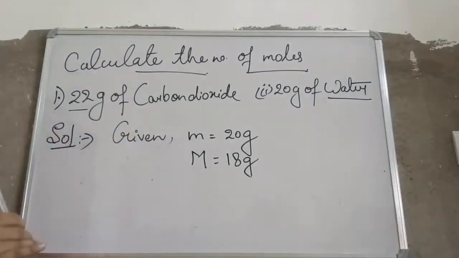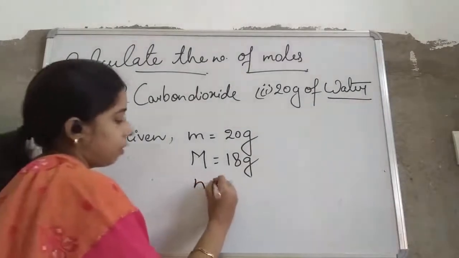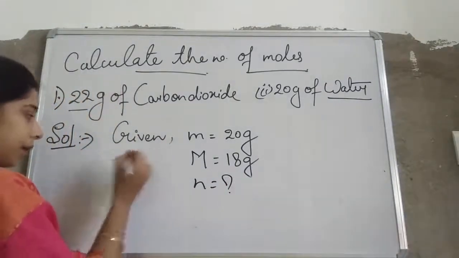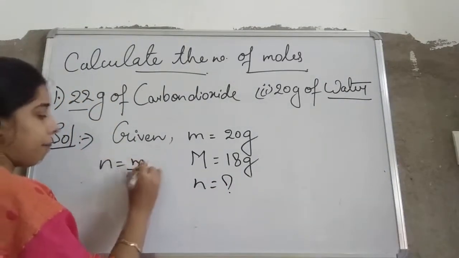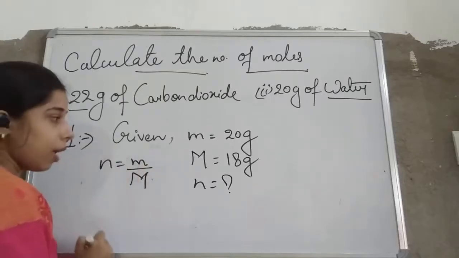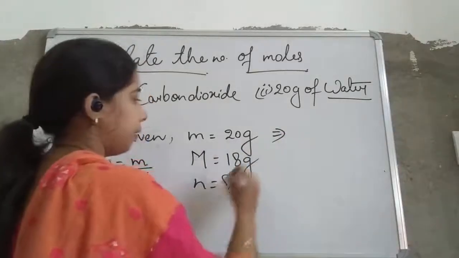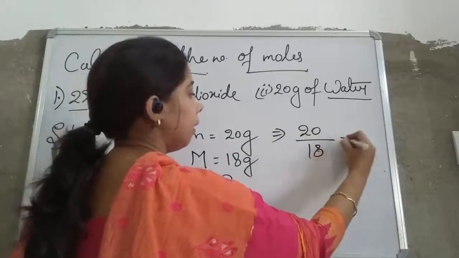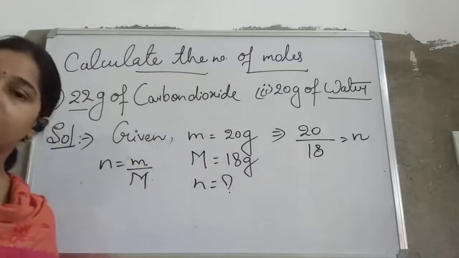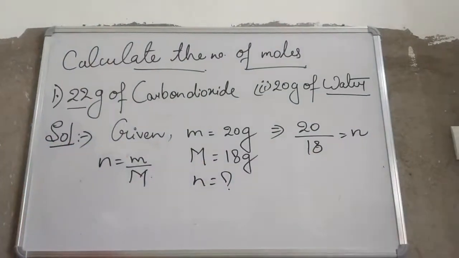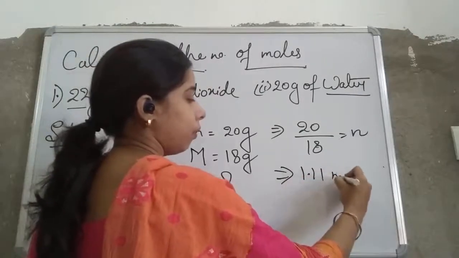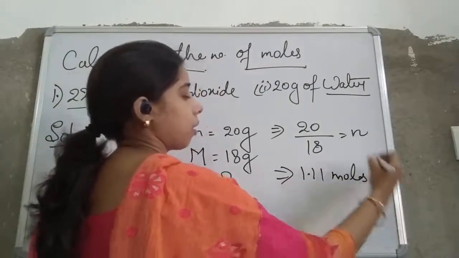Now see here, students, that we have to find the number of moles. Again the formula: n is equal to m by M. By putting the values here, 20 upon 18 gives the number of moles, which is equal to 1.11 moles.